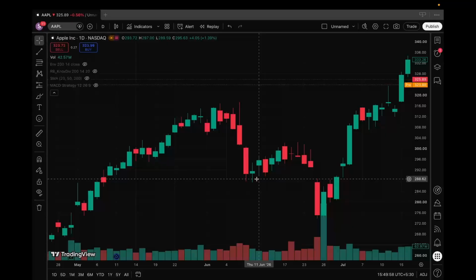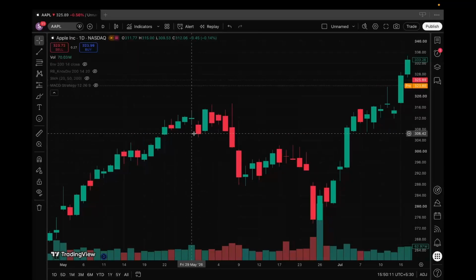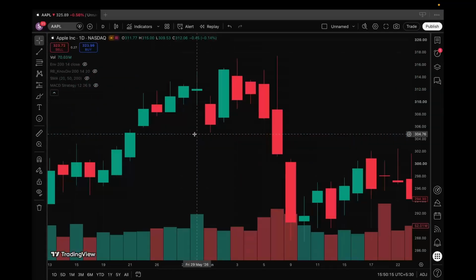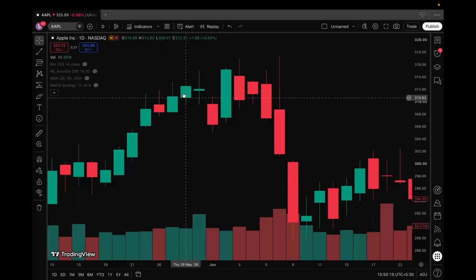Now, let me show you something that I found really interesting on this chart. If you look at a candle with a tiny body and long wicks on both sides, right? This one right here on Friday 29th May.